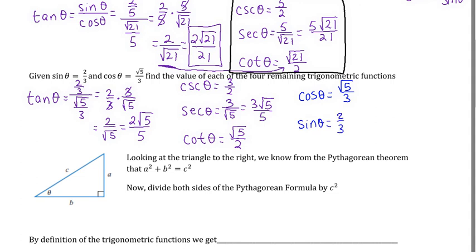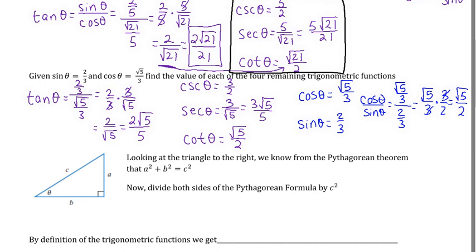Now let's just say, well, what if we just want to do cosine divided by sine? Now we're going to have square root 5 divided by 3 divided by 2/3, which is equal to square root 5/3 times 3/2, which equals square root 5 divided by 2, which is our cotangent.